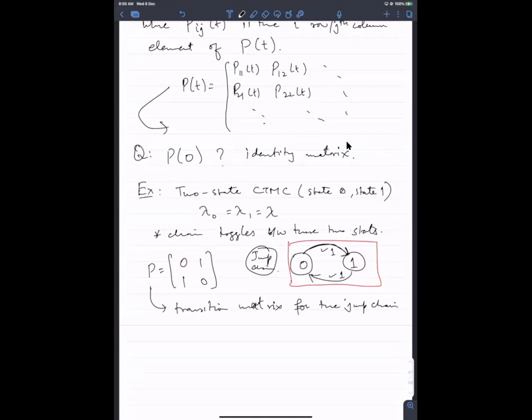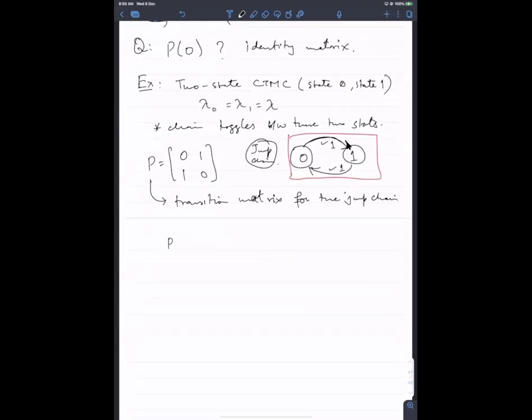Okay. You can find the probability transition matrix for the CTMC. We can find P(t) here, and P(t) is capital P00(t), P01(t), P10(t), and P11(t).